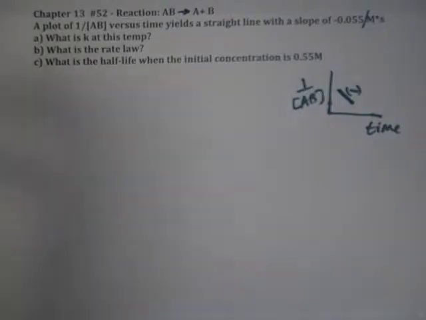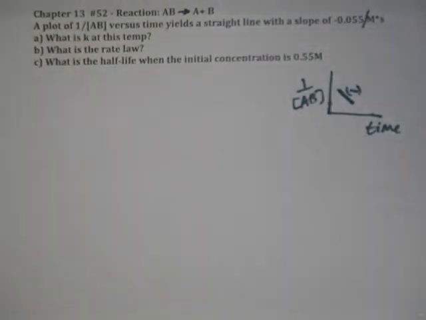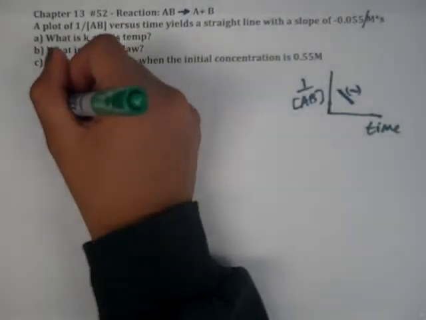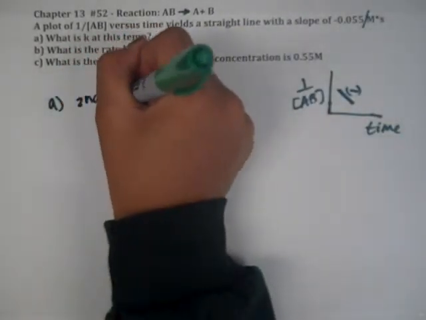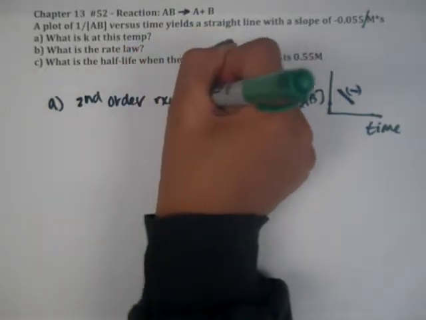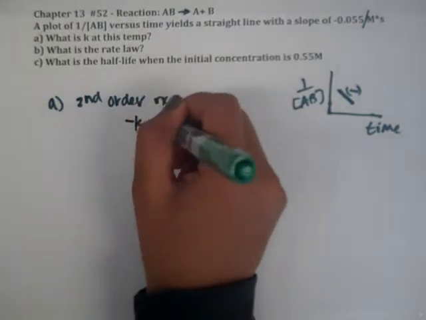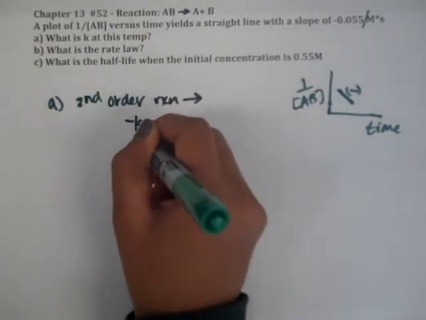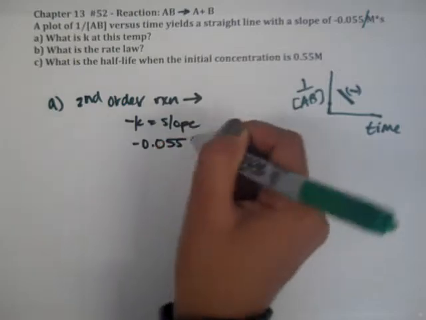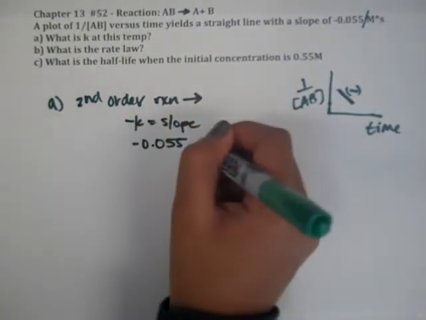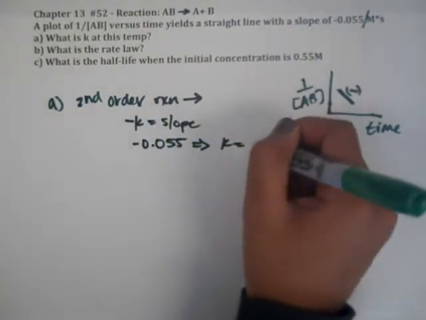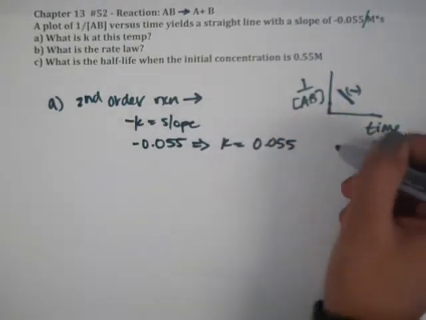So for the K at this temperature, what is the slope of a second order reaction? We know that it is second order. Now in a second order reaction, we know the slope is equal to negative K. So if negative 0.055 is the slope, then K is just the positive version.